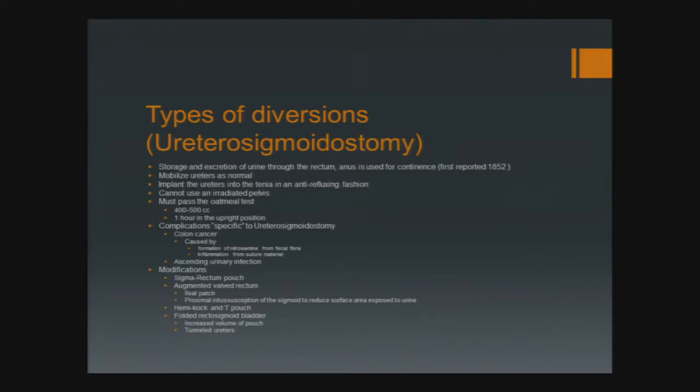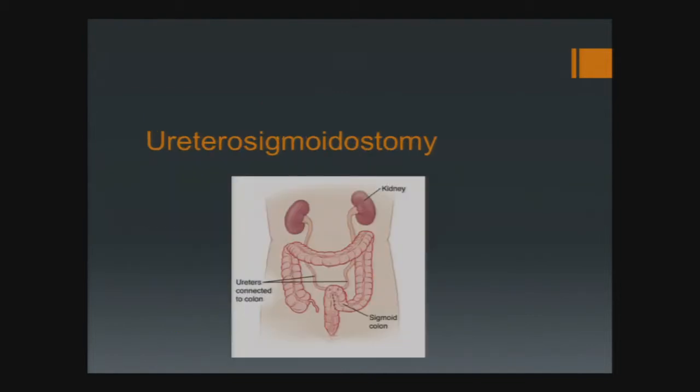There's a hemi-Kock and T-pouch and a folded rectosigmoid bladder, which also allows for an increase in volume of your pouch, as well as tunneling the ureters to create a flap valve effect, to try and reduce the ascending infections. And this is just a simple schematic of what a ureterosig looks like. Relatively straightforward.